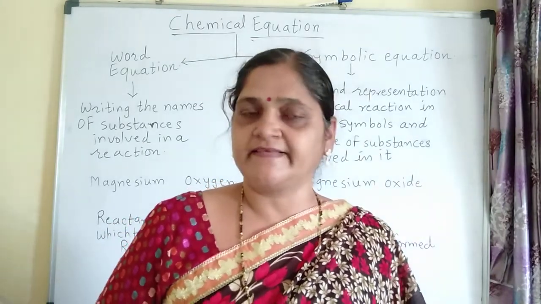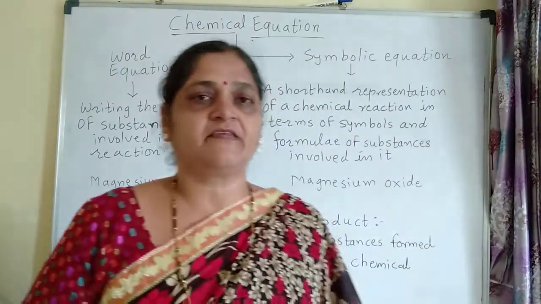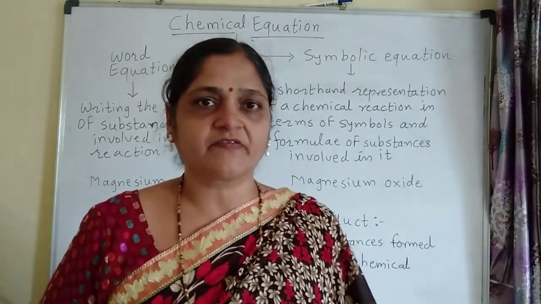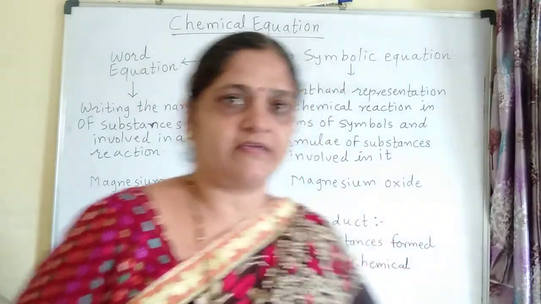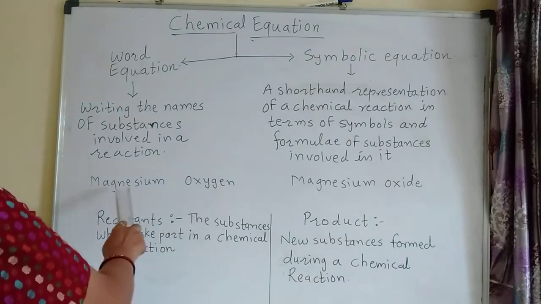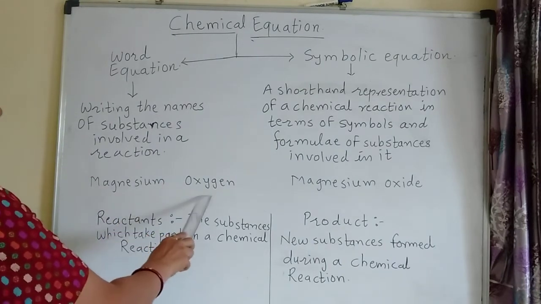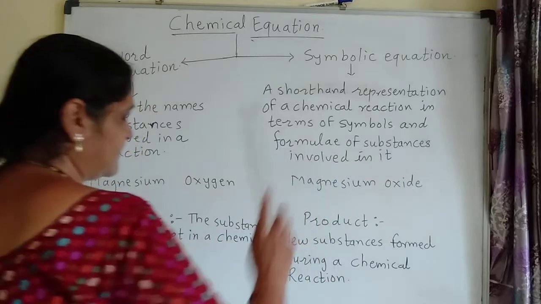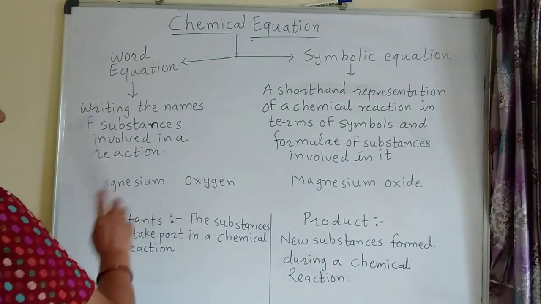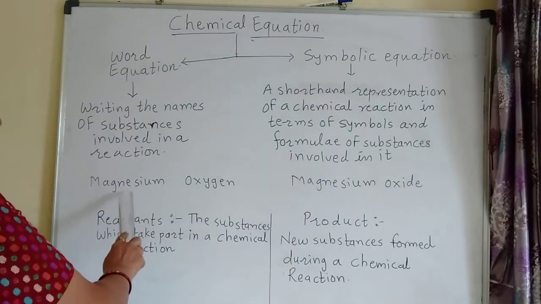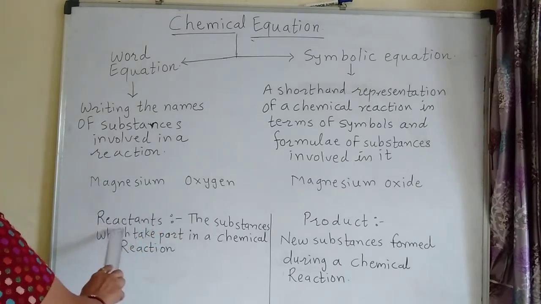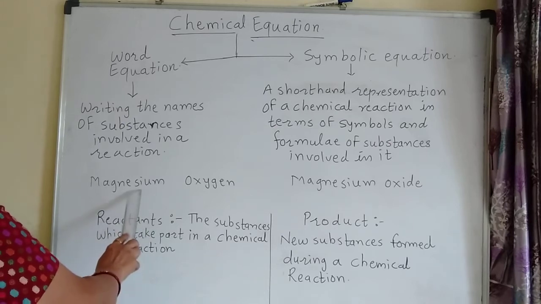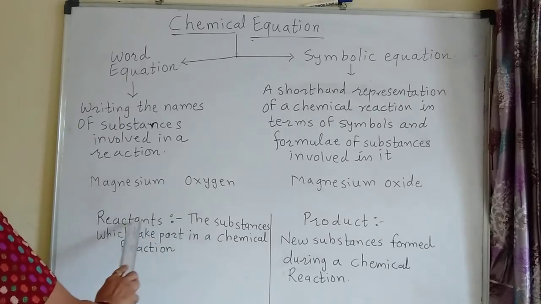Now we have taken the example that magnesium ribbon burns in oxygen to produce magnesium oxide. So how can we write this reaction in the form of a word equation? You can write here magnesium, oxygen, and magnesium oxide is formed. So magnesium and oxygen are taking part in the reaction. The substances which take part in the reaction are known as reactants.